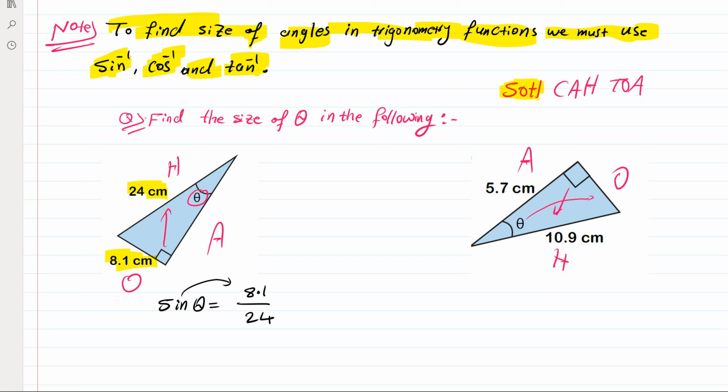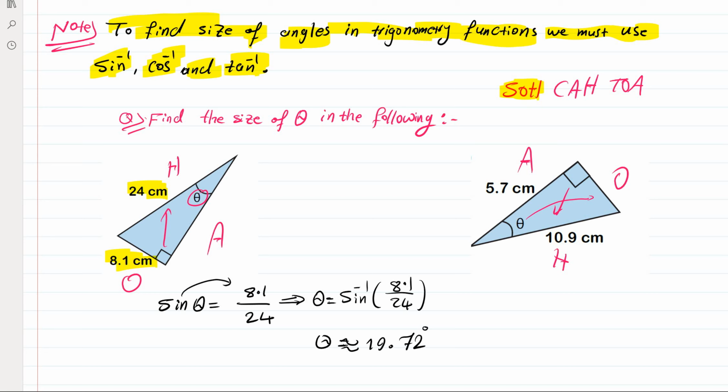If you move the sine to the other side, we get theta equals sine inverse of 8.1 over 24. So theta equals how much by calculator? Approximately 19.72. And we can use the unit, which is centimeter. It is an angle, no centimeter, sorry.